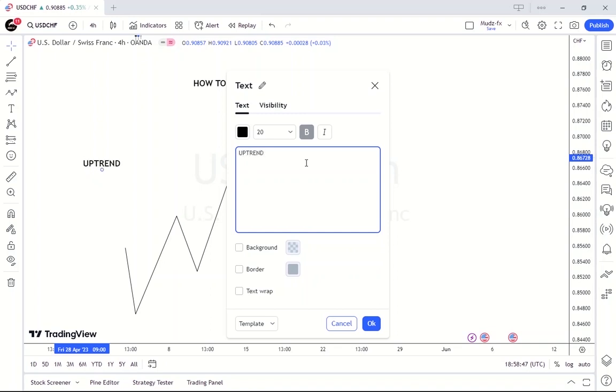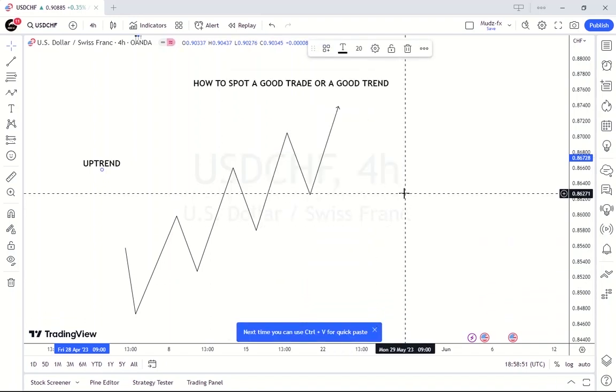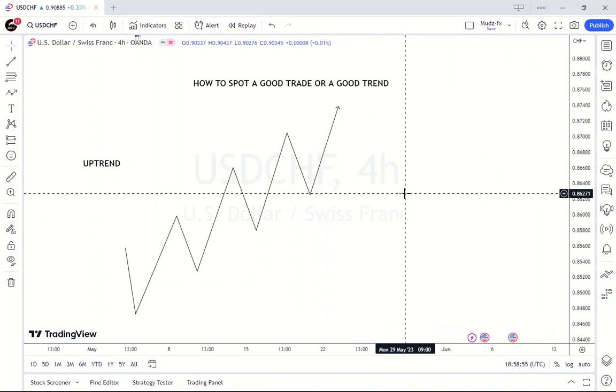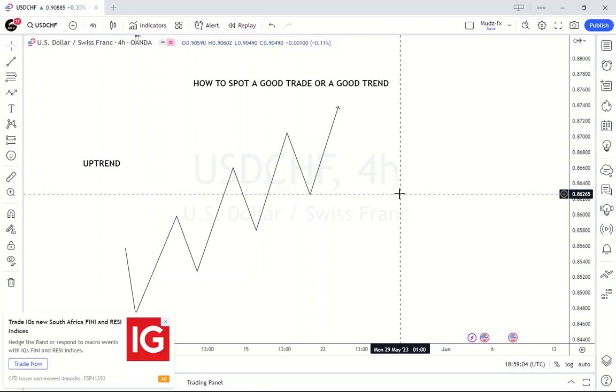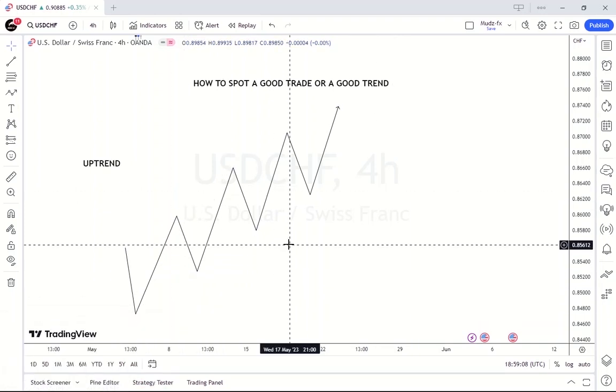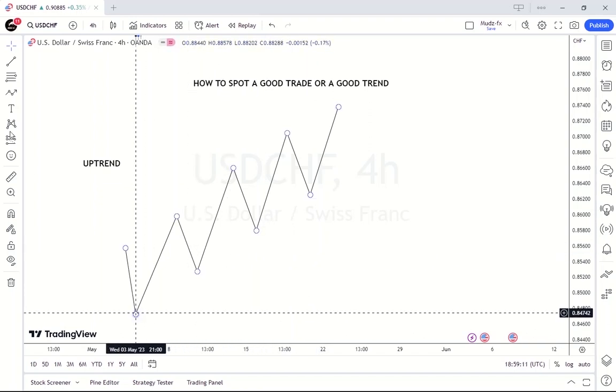So as a trader, you need to know when to enter and what to look for if you come across something like an uptrend, and how to spot an uptrend. The first thing you do is, I'm just gonna label these ones.